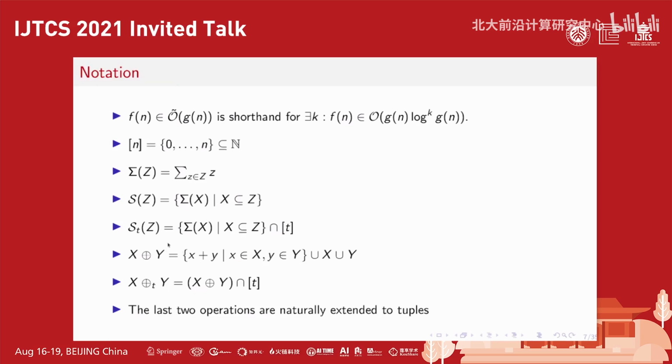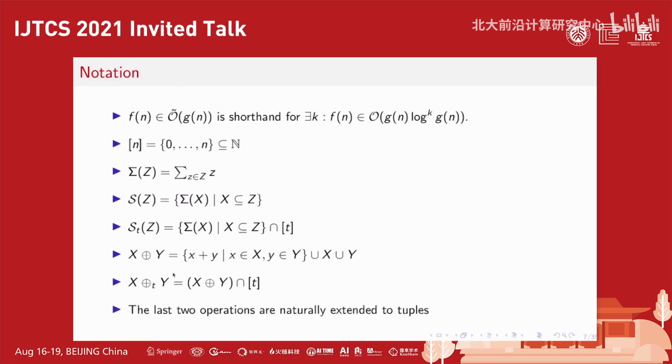Essentially, x and y are sets of integers, and this operation sums elements from one set with elements of the other. If there is additionally an index on the operation symbol, we bound the resulting set.